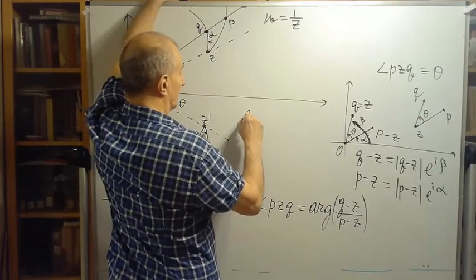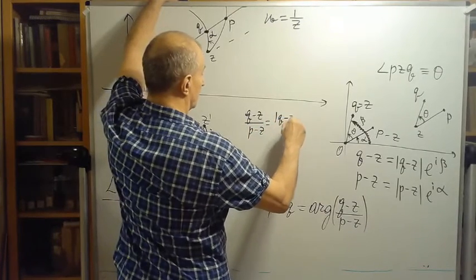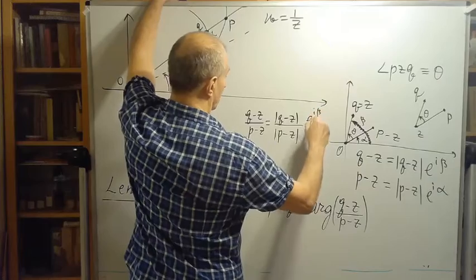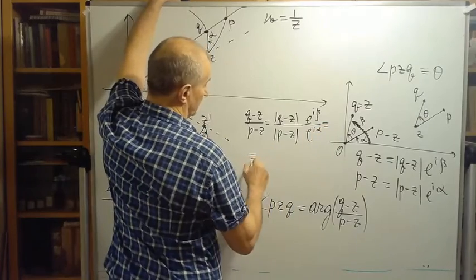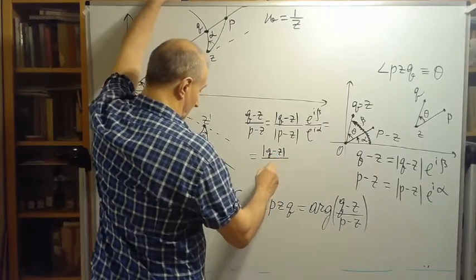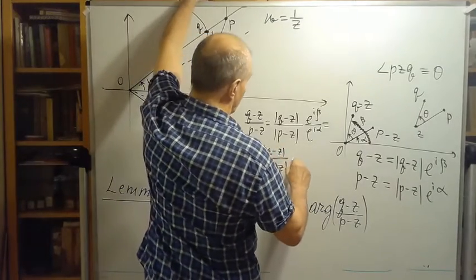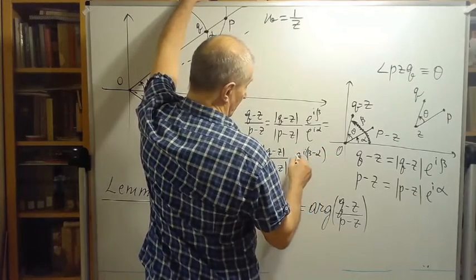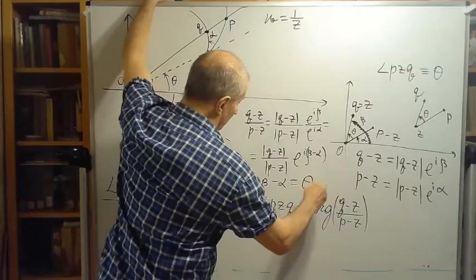So I will have Q minus Z over P minus Z equals modulus Q minus Z over modulus P minus Z e to the power I beta over e to the power I alpha, which is equal to modulus Q minus Z over modulus P minus Z, some positive number, times e to the power I beta minus alpha.